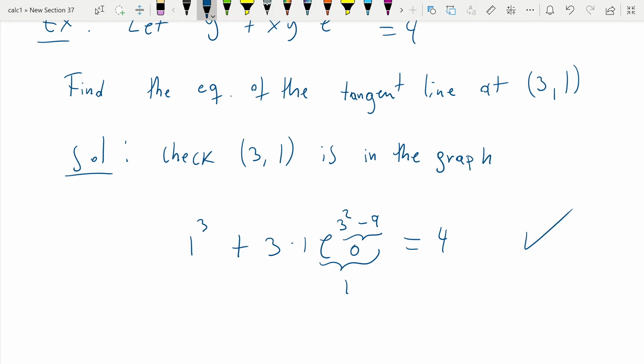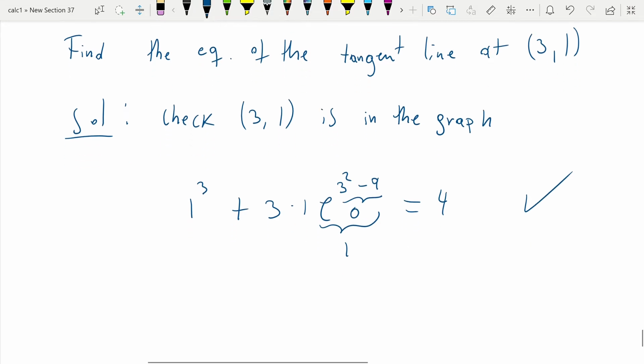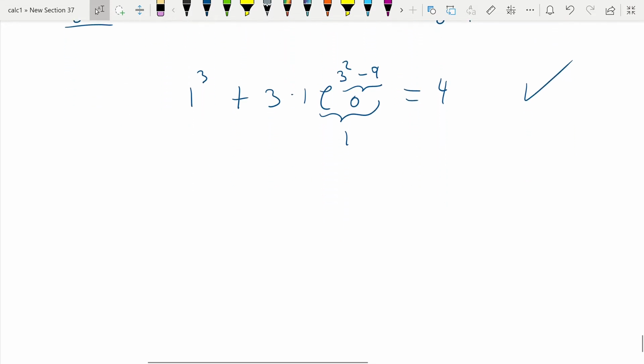So 3 comma 1 is in the graph. Now we remember from previous sections, what do we need to do in order to find the equation of the tangent line?